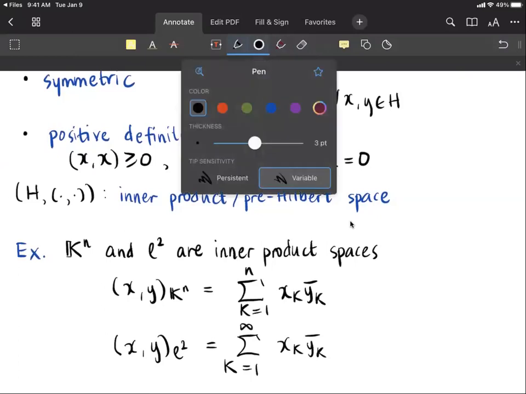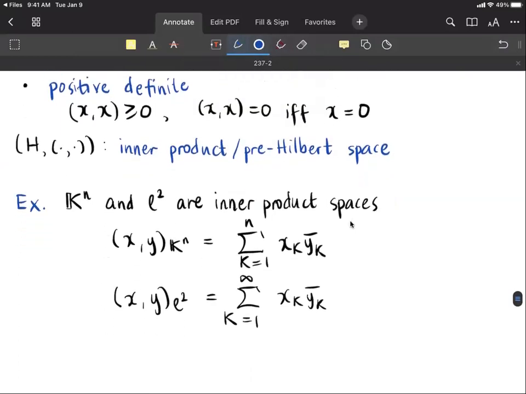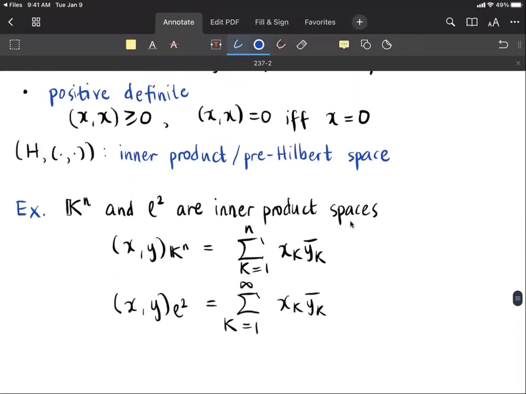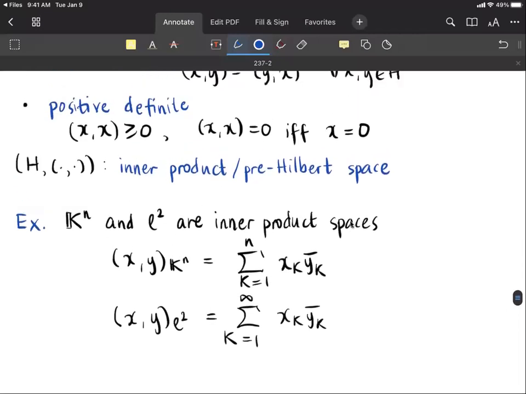This is in anticipation of getting a norm. You could see immediately that this is linear with respect to x and antilinear with respect to y.